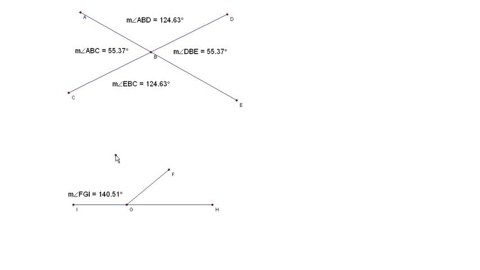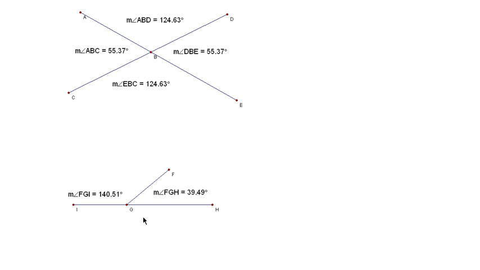Now, what about supplementary angles? Here we have an example down at the bottom of supplementary angles, meaning angles forming a line. So we have this angle FGI, which is 140 degrees. Let's take a look at this angle. I'm going to grab these vertices and say measure angle. Drag that down.